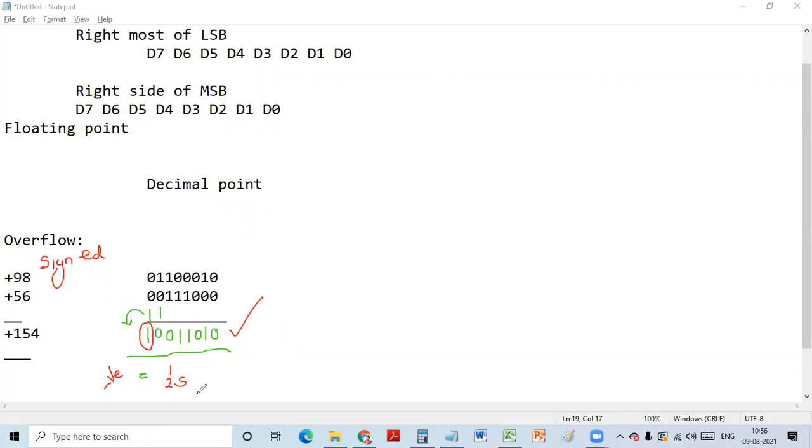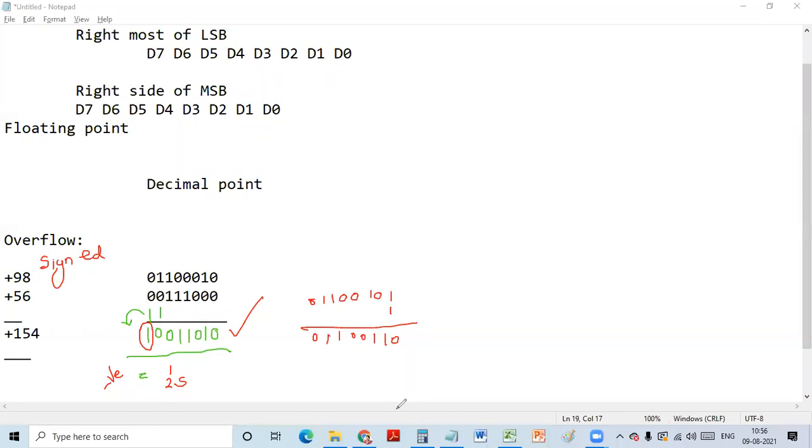So for 2's complementing this value, complement all bits. This is the 1's complement, and add 1 to it. I'll be getting 1, 0 and the remaining all are the same.